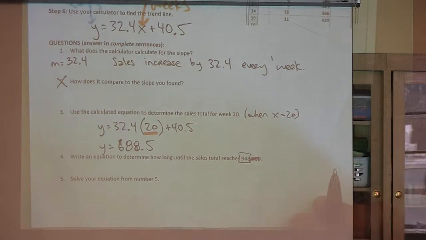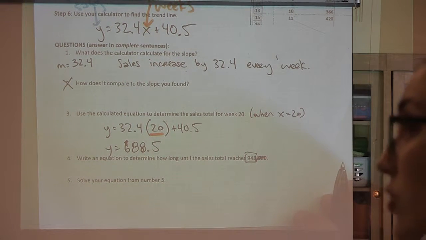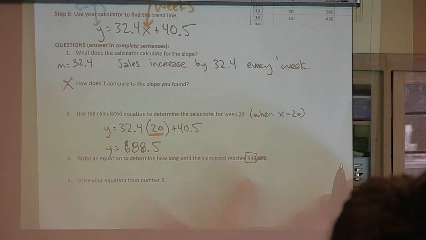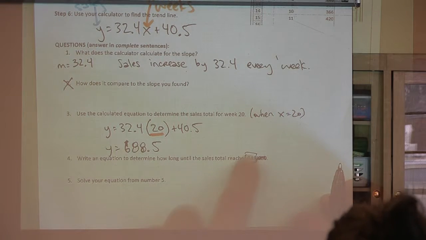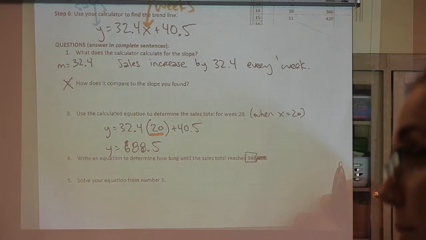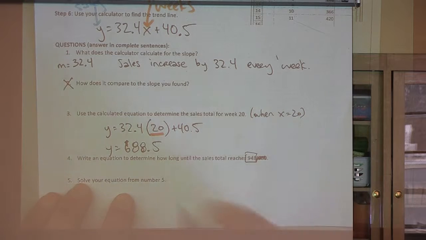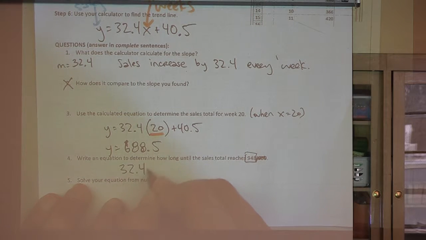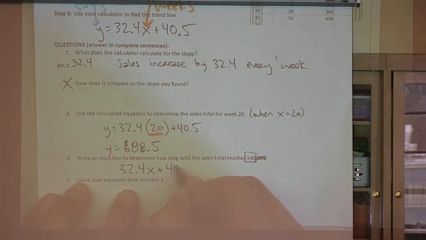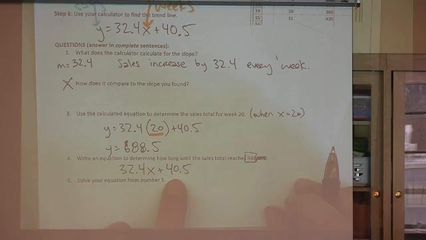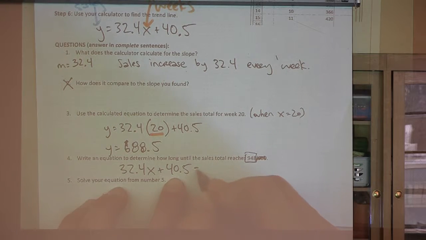When do sales reach 948? In other words, how many weeks until I reach 948? So the equation I'm setting up is, if my slope is 32.4, I get 32 sales every week, and I started with 40 sales, when will this equal 948?